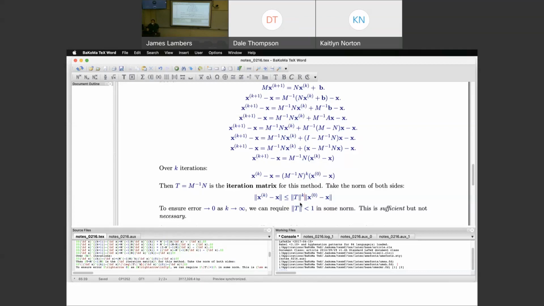So what we have here is a sufficient condition that convergence will happen if, in whatever norm we choose, like the infinity norm, 1 norm, 2 norm, the norm of this matrix is less than 1. But I want to point out that while it is a sufficient condition, it is not necessary. It is possible that the iteration matrix might have a norm that is greater than or equal to 1, and convergence still occurs.